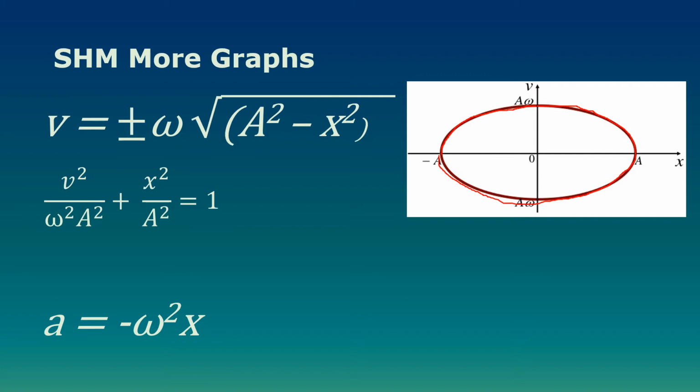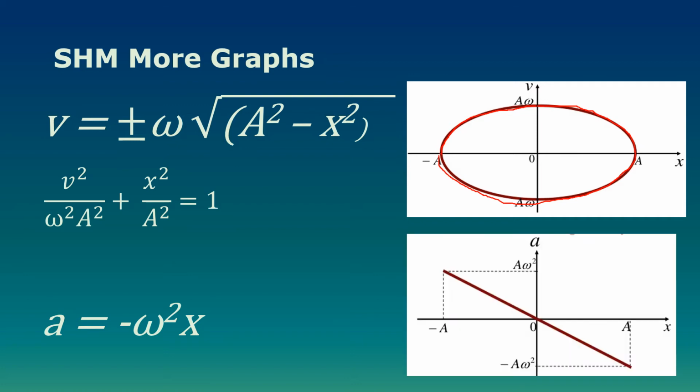For acceleration against displacement, we know it is directly proportional in the opposite direction. So it shouldn't come as too much of a surprise to see that that graph is a straight line graph. But the key thing with this one is that it is not a relationship that is continuous. It has limits, okay? It doesn't displace beyond amplitude, so minus and plus the amplitude here.